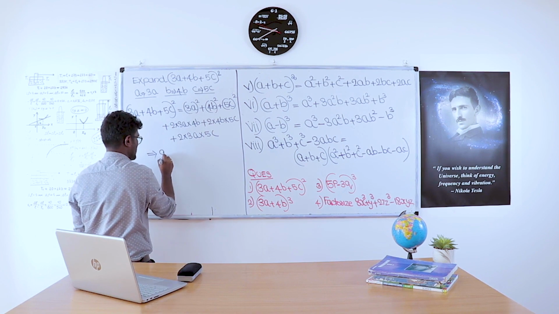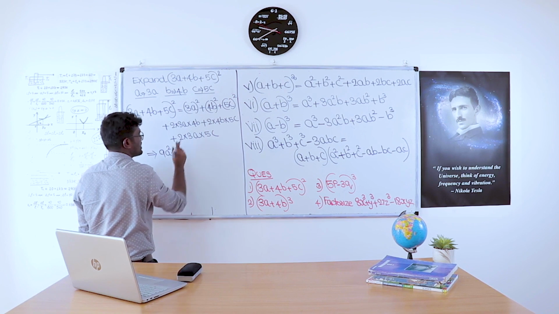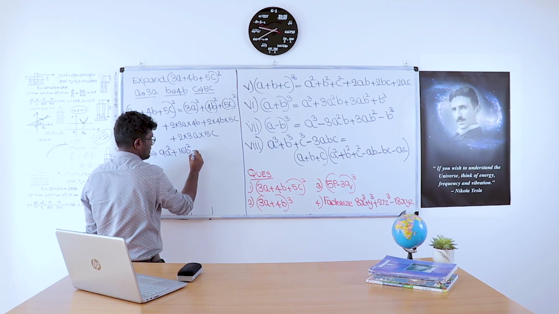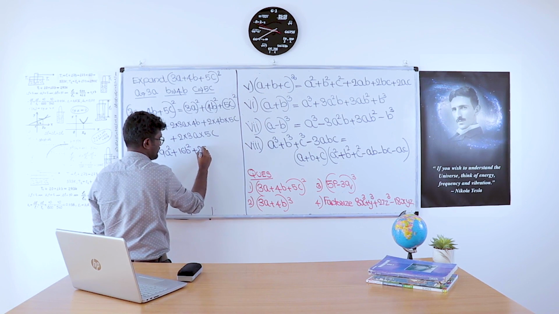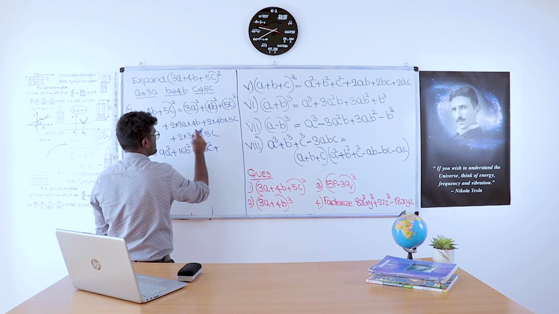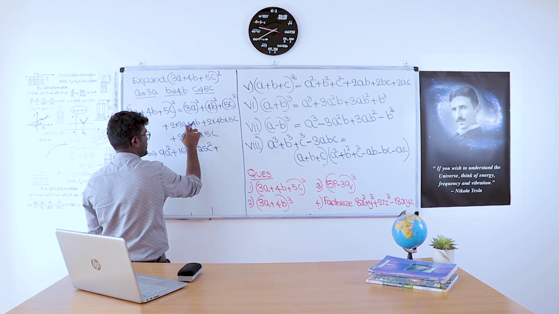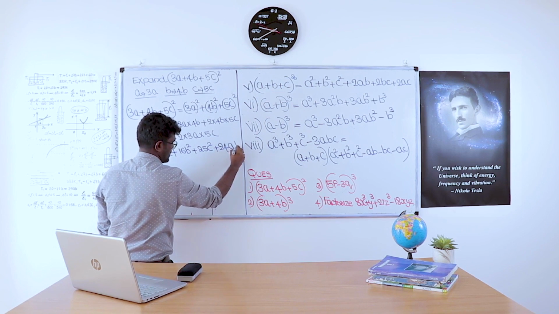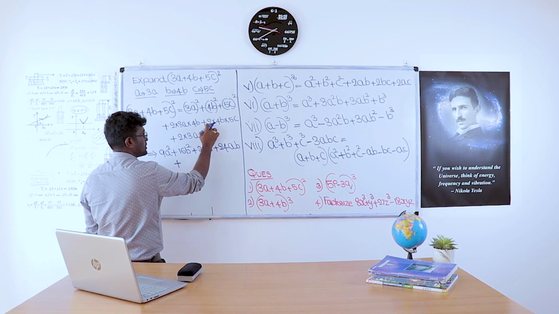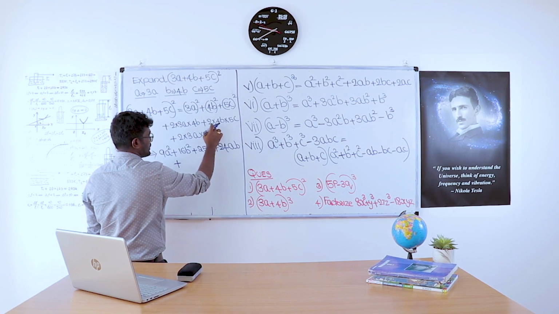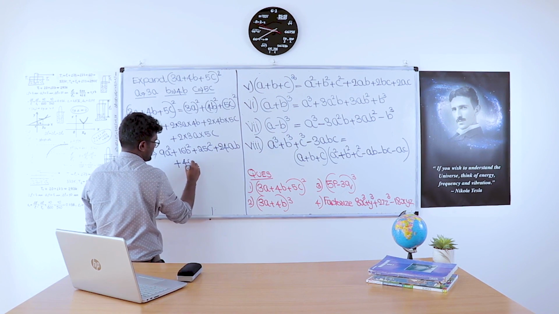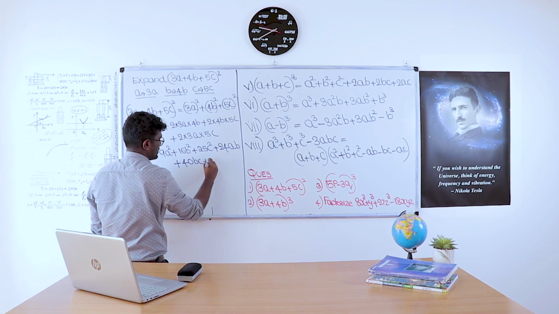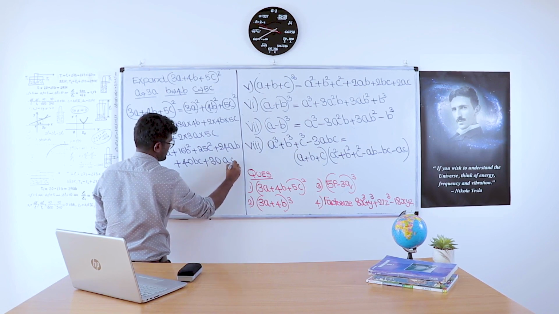3 square is 9, 9a square, plus 4b the whole square: 4 square is 16, 16b square, plus 5c the whole square: 25c square, plus 2 into 3a into 4b, that is 4 into 3 12, 12 into 2 24ab, plus 2 into 4 into 5, 5 into 4 20, 20 into 2 40bc, plus 3 into 5 15, 15 into 2 30, 30ac.